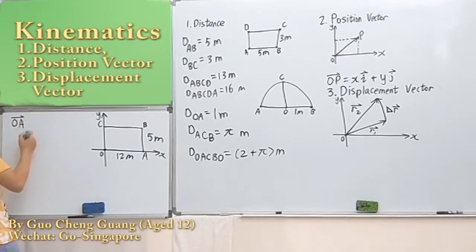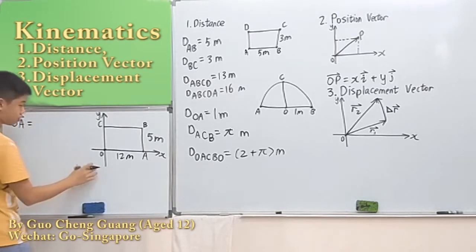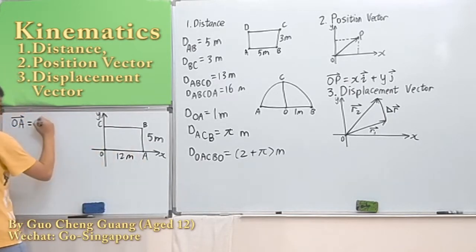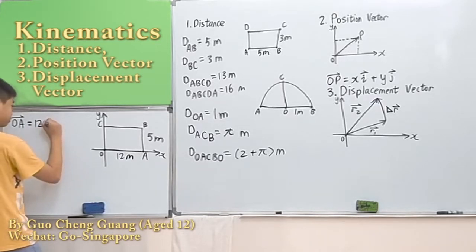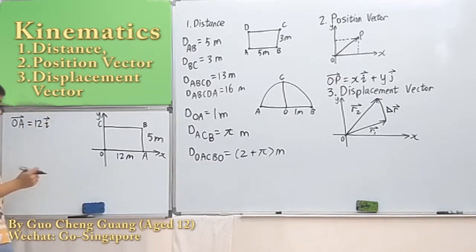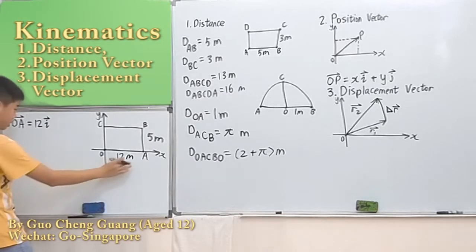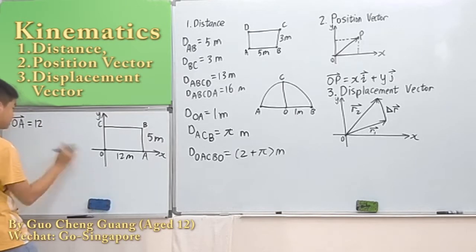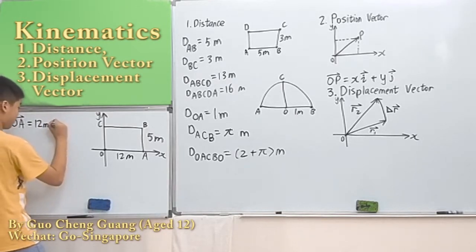This OA vector goes 12, so this part will be 12. Then this unit vector. But wait, how about this unit? So you add this unit in front of this unit vector.